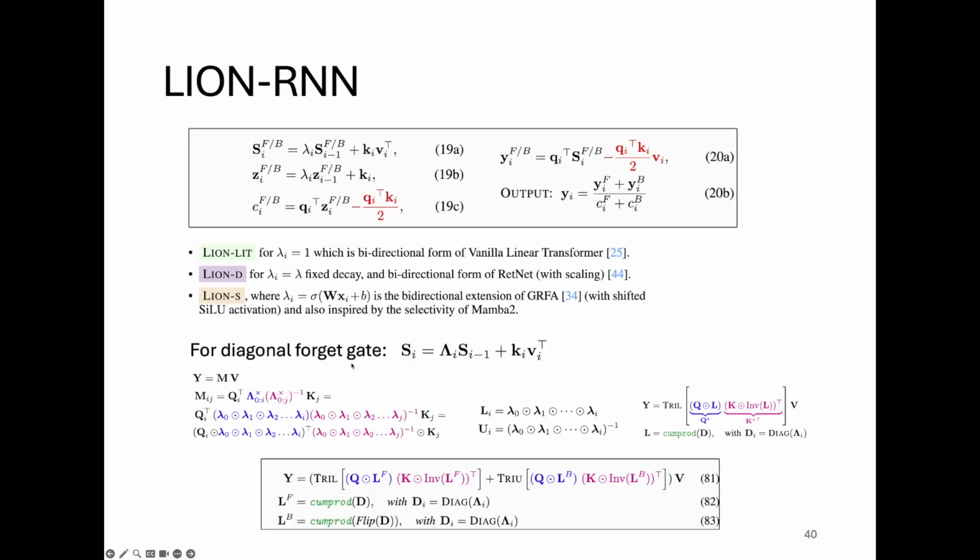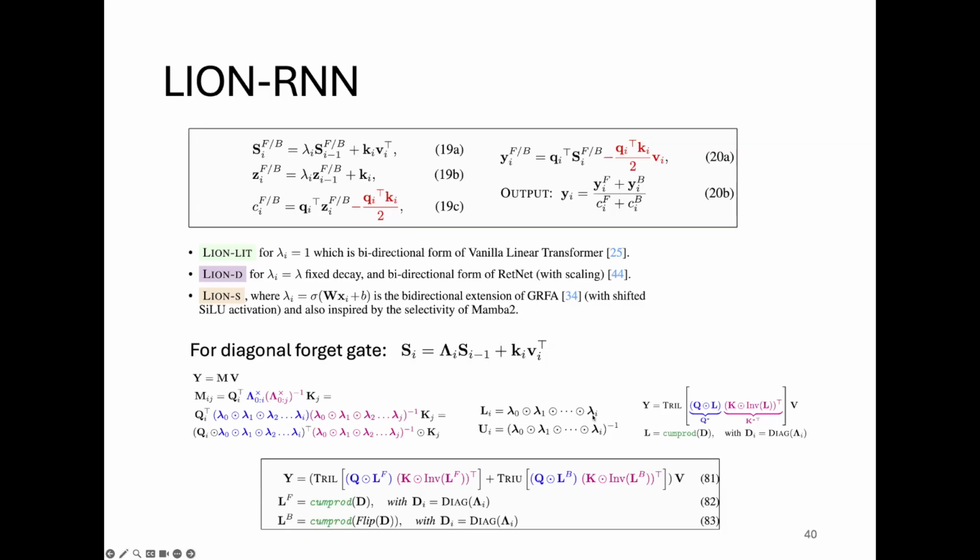Then we do not end up with the attention times a mask, but since the mask is a diagonal vector for each token, it will be incorporated into queries and keys individually. And then you will end up with a full sequence mixing of M instead of a mask times attention.